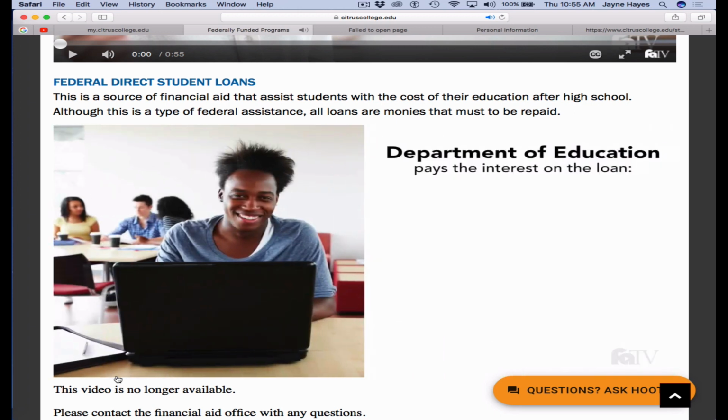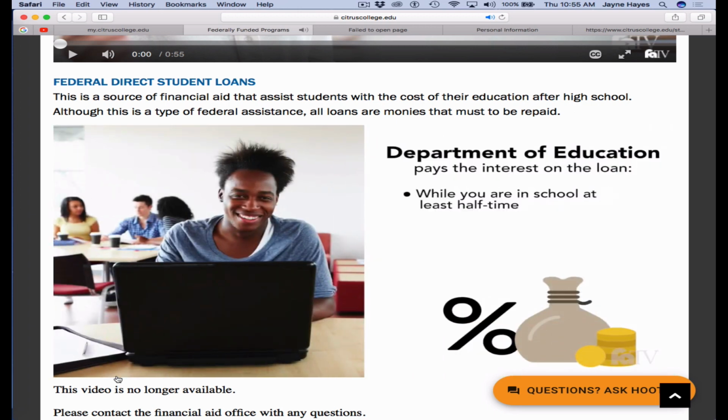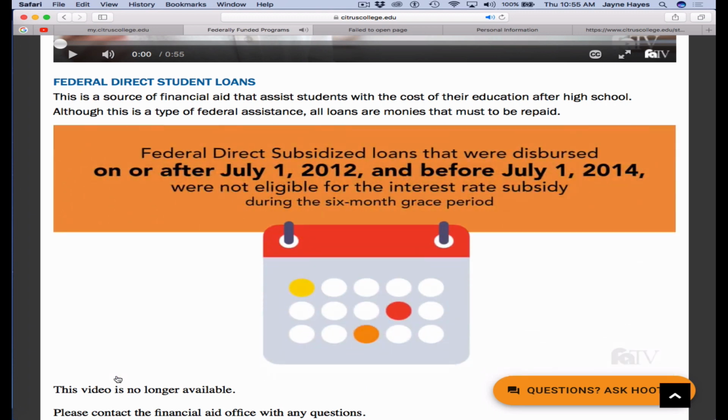The Department of Education pays the interest on your loan while you're in school at least half-time, for the first 6 months after you leave school, and during a deferment period. Please note, federal direct subsidized loans that were disbursed on or after July 1st, 2012 and before July 1st, 2014 were not eligible for the interest rate subsidy during the 6-month grace period.